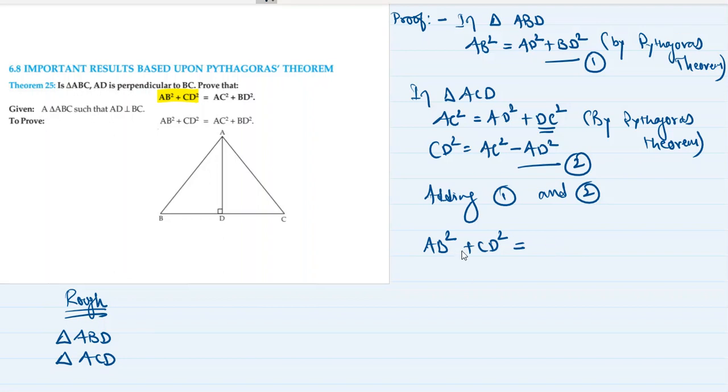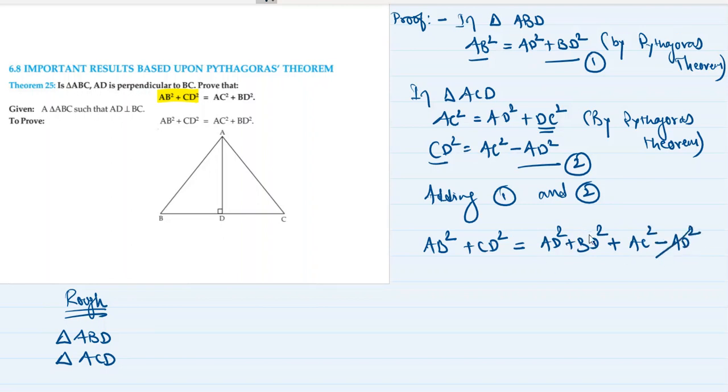see, on the left hand side we have got AB square and CD square. What are the values of AB square and CD square? AB square value is AD square plus BD square plus CD square's value is AC square minus AD square.